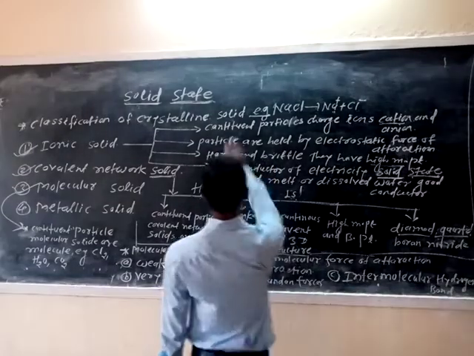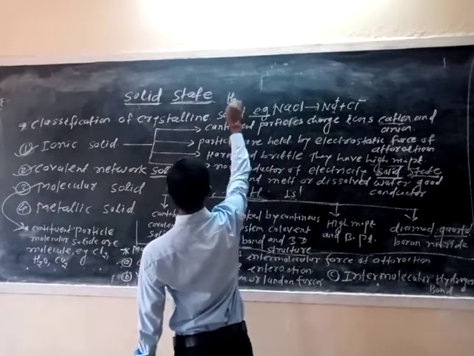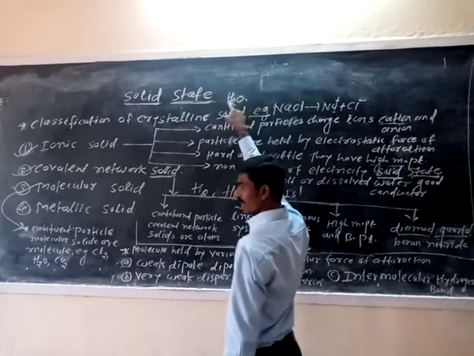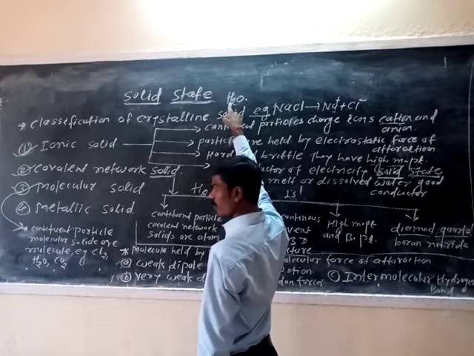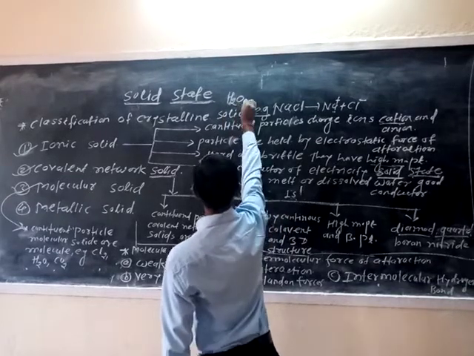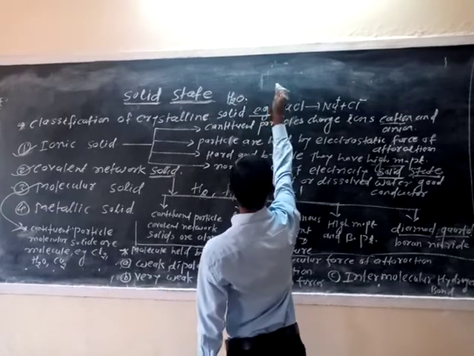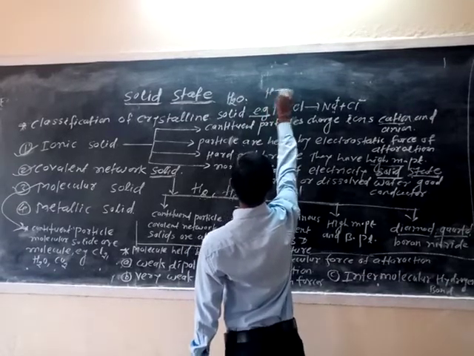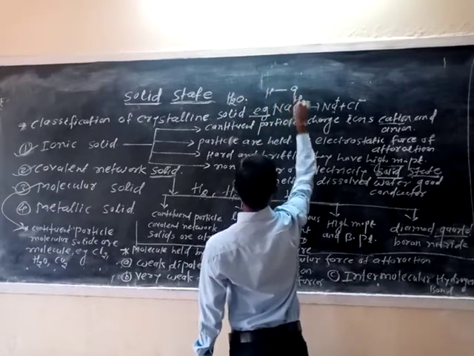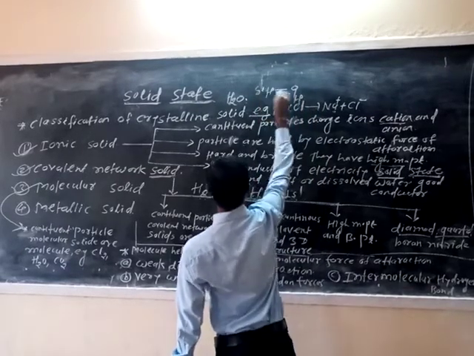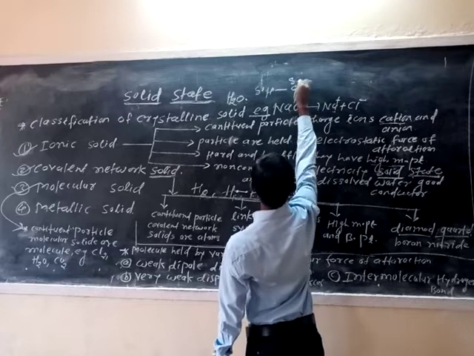Take the example of H2O molecules. Oxygen is a highly electronegative element and hydrogen is less electronegative, and this hydrogen is bonded to the oxygen atom of another water molecule. The hydrogen atom carries a partial positive charge and the oxygen atom a partial negative charge.